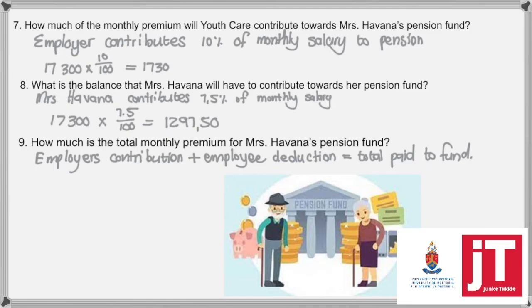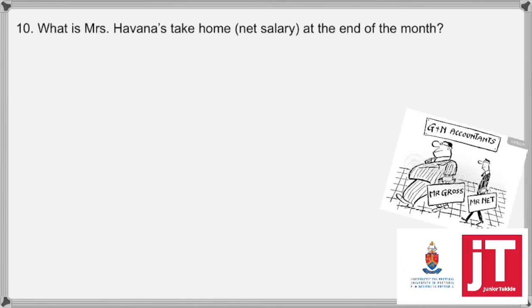It's not a cash amount that you get into your pocket, but it's paid to your pension fund, helping you save for your old age. So the 1,730 plus the 1,297 Rand 50. So she will save 3,027 Rand 50 cents for her pension every month.